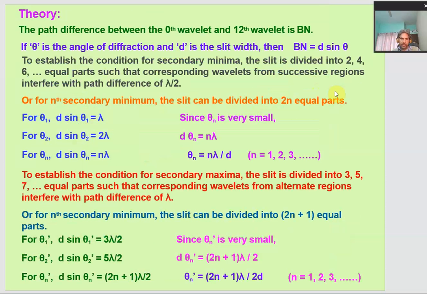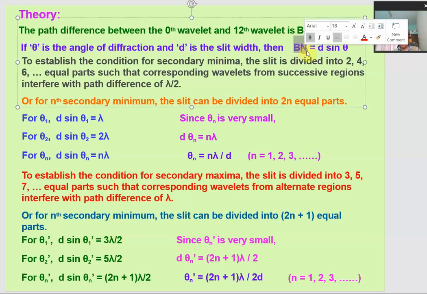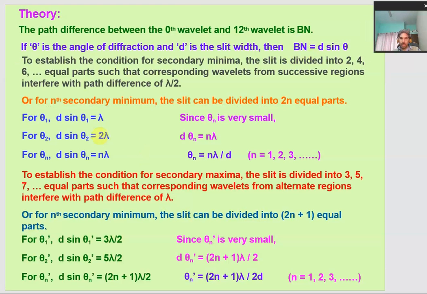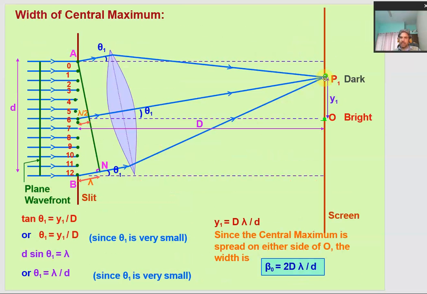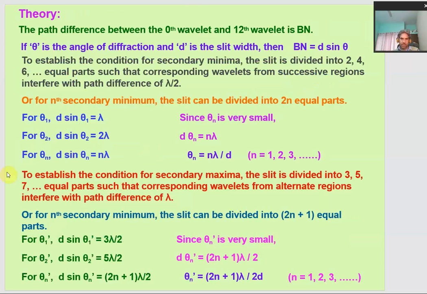Similarly, if the path difference Bn is equal to twice lambda, then again we will get the next minima, or we can say the next dark fringe. Let us just solve this first. Because Bn is equal to 2 lambda, we can say that 2 lambda is equal to D sine theta.